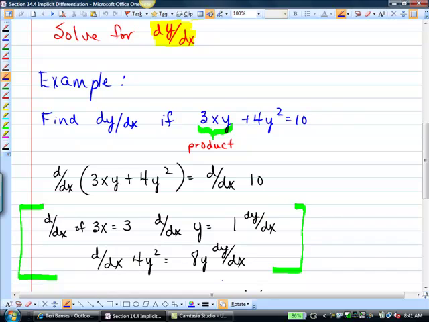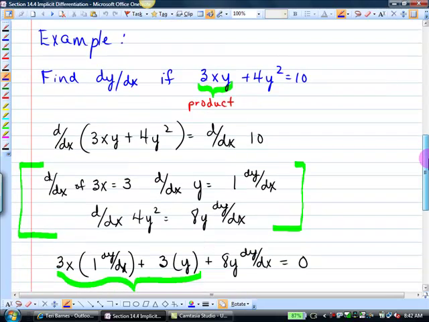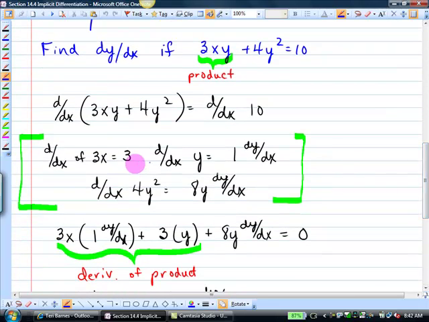It's not really bad if you just get in your head, every time I take the derivative of a y, I got to attach a dy dx, because this is with respect to x. Okay? So, all these little derivatives that I took are now going in here. The derivative of this one times the derivative of y plus y times the derivative of the first part. This is that product rule. Plus 8y dy dx.